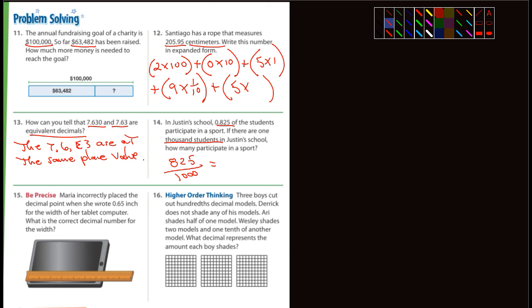Okay, so what they're saying is 825 out of 1,000. 825 students. Remember, you got to label these numbers. Sometimes I forget that myself. 825 students.